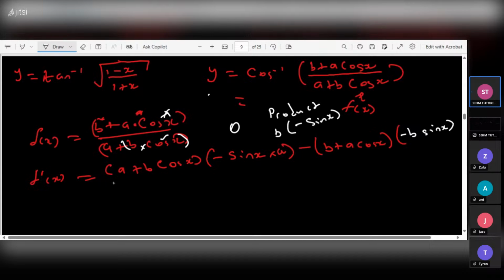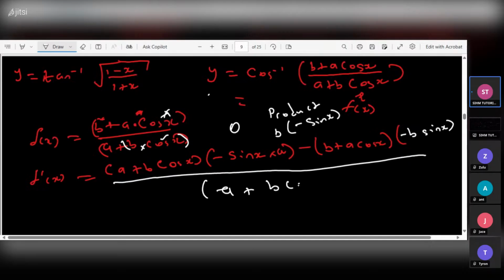And then we're going to divide by, remember, we're also going to square the denominator, which is a plus b cos x, all squared. So this is how to derive the quotient rule, also the product rule at the same time.